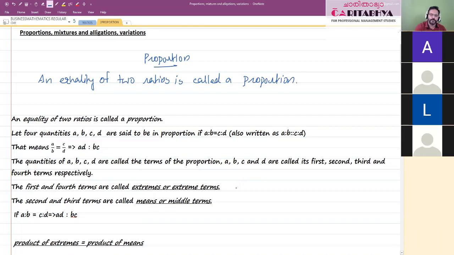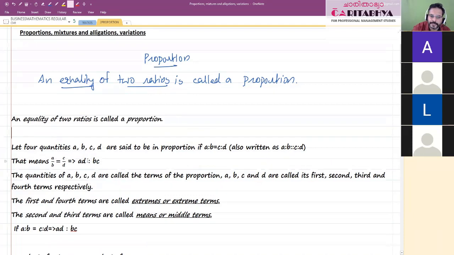An equality of two ratios is called a proportion. Okay. So, രണ്ട് ratio ഉണ്ട്. In between ഒരു equal sign വന്നാൽ അതിനെ എന്ത് പറയാം? Equality of two ratios is called a proportion. Okay. So, നോക്കാം.